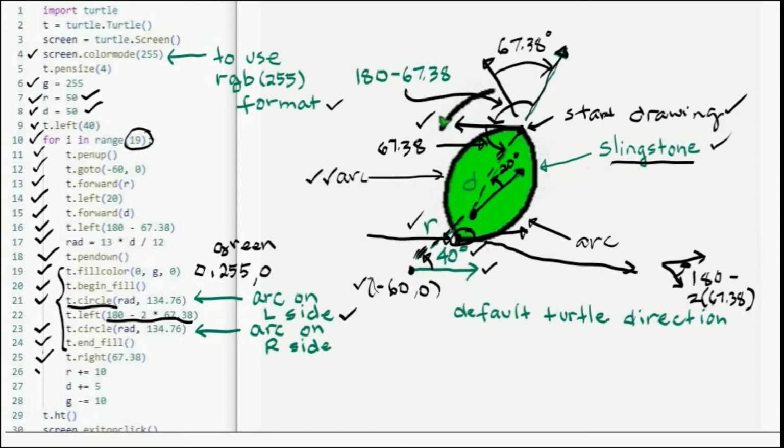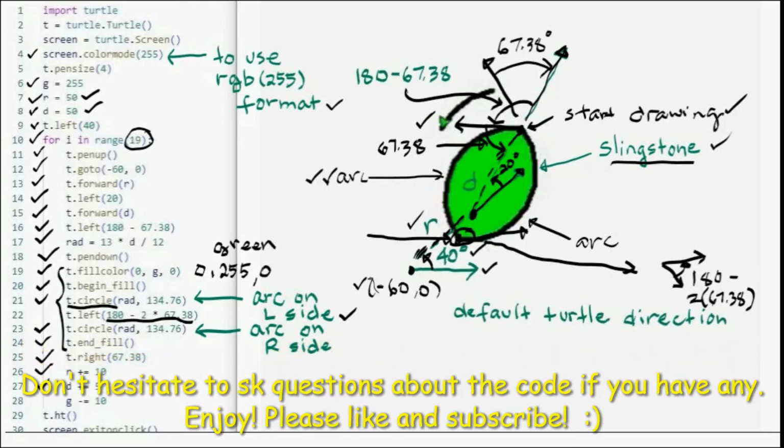And then number 26, I changed the distance from the center of generation, negative 60. I make it longer. So as we draw the 19 slingstones, the generation of the slingstone is becoming farther and farther from the center, negative 60. And at the same time, I also changed the D. So as we draw the 19 slingstones, the size of the slingstone is getting bigger and bigger. And then I am changing the G value.